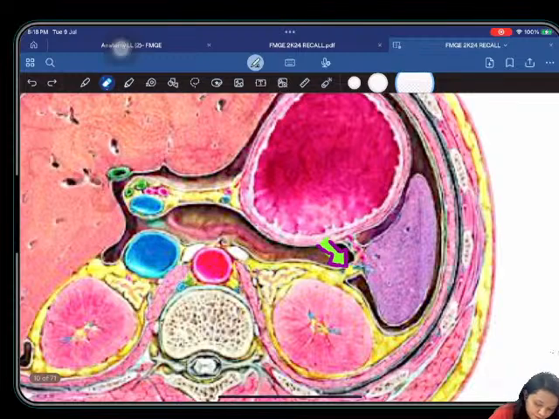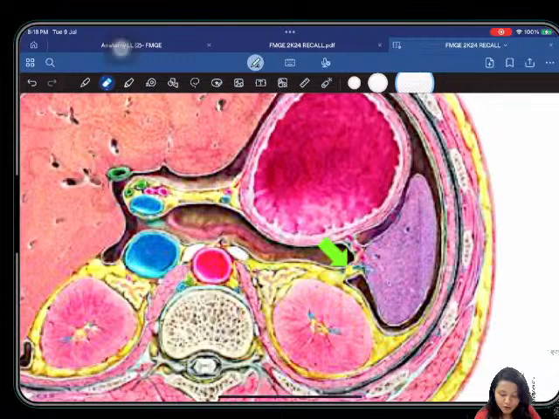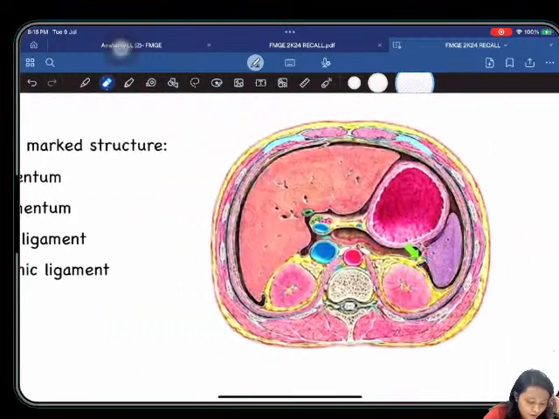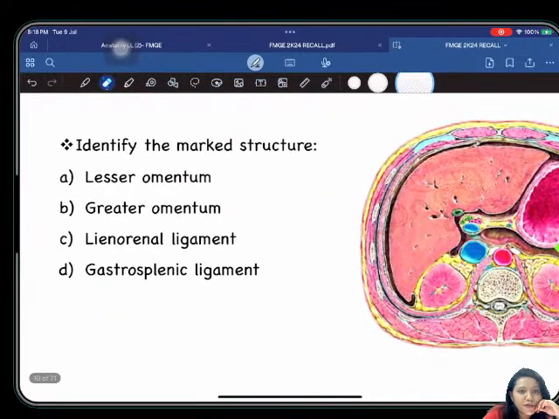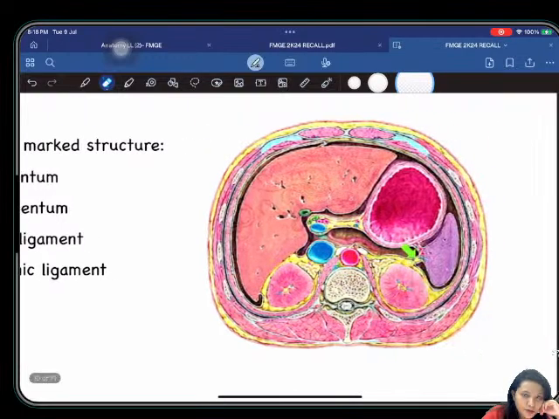You can see there is an arrow here. What are the organs and structures? Any ligament? They have given the options: lesser omentum, greater omentum, lienorenal ligament and gastrosplenic ligament. So what can it be?